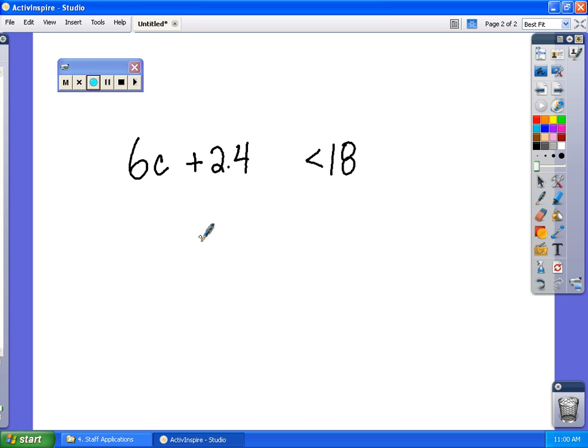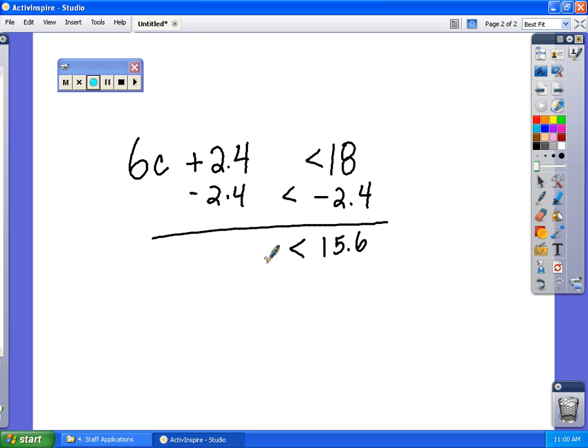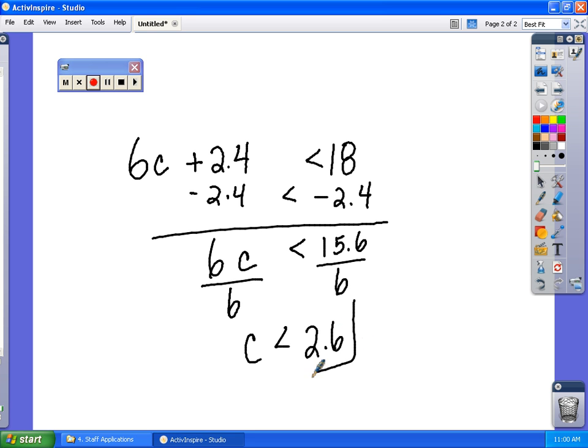So here's your inequality, and then we're just going to solve it. And there's your answer. C is less than $2.60, which would be F.